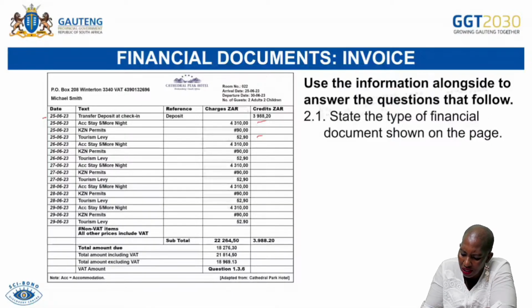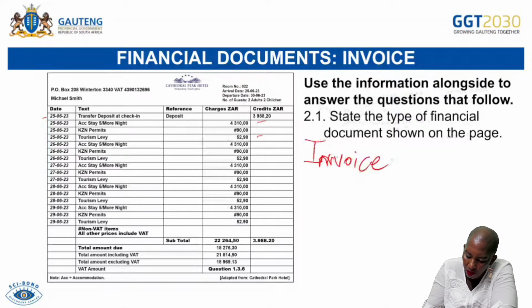So now it says use the information alongside to answer the questions that follow. State the type of financial document shown on the page. This is an invoice. We can say it is an invoice, or maybe because it does show the amount to be paid and the credits.